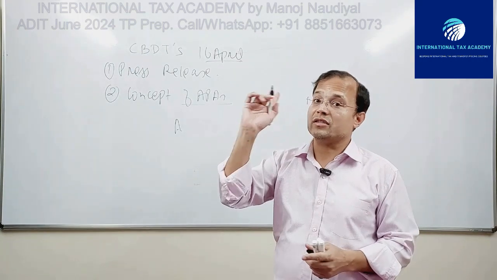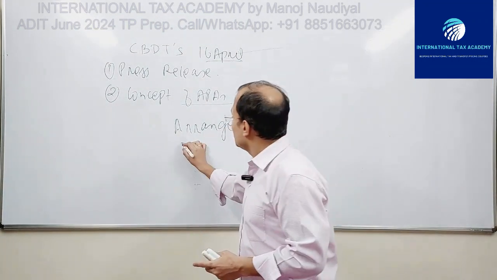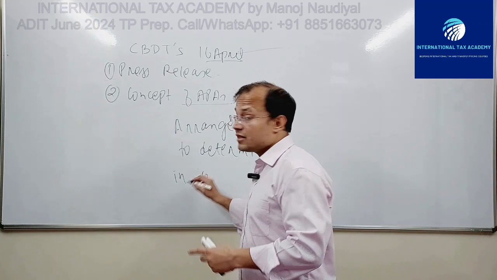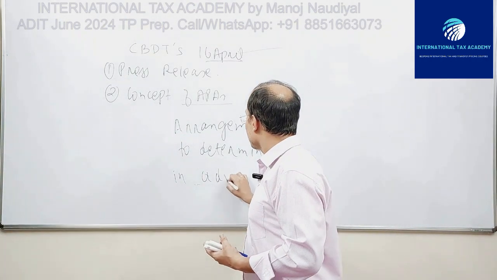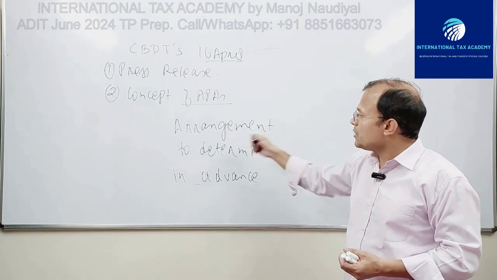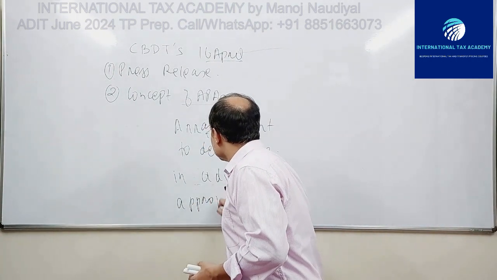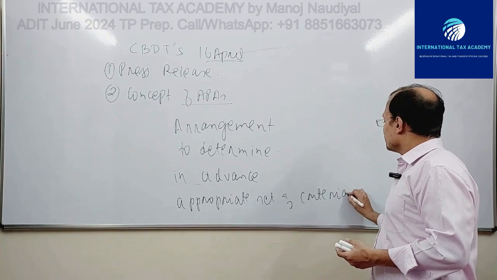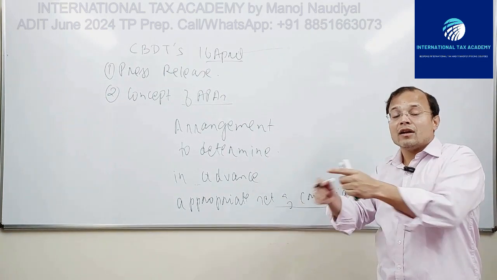So what is an APA? An arrangement to determine in advance, that is in the very beginning, before the actual control transactions are undertaken, an appropriate set of criteria to determine the transfer prices for that control transaction for a fixed period of time.